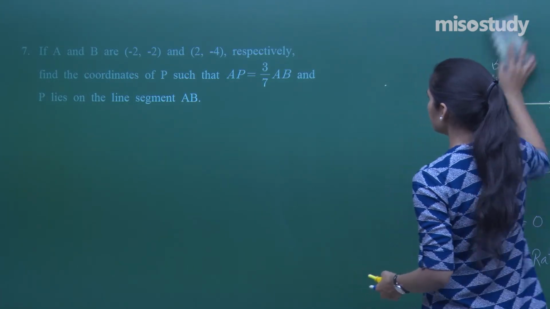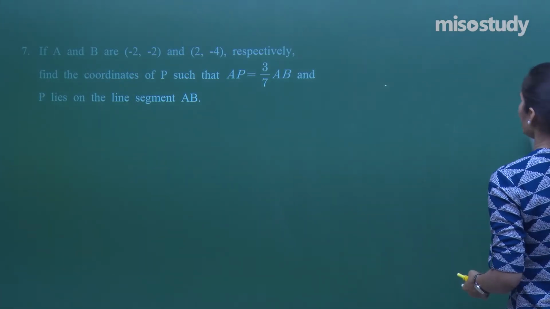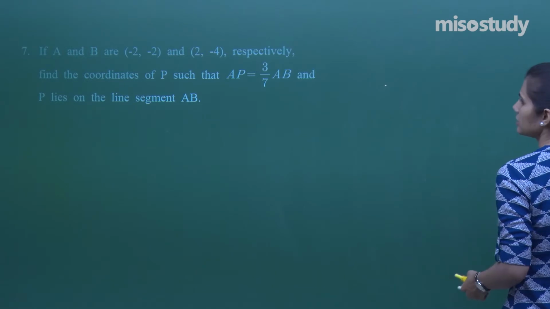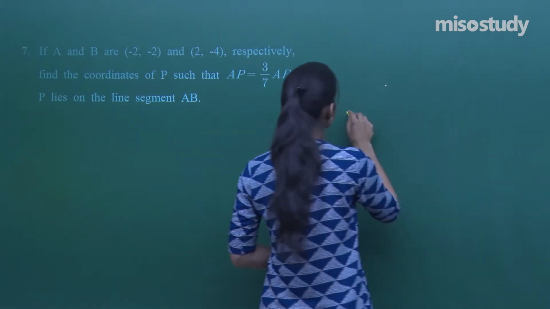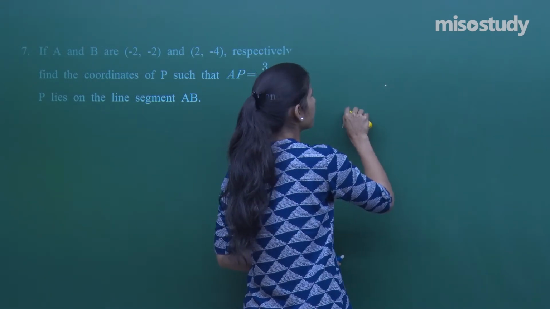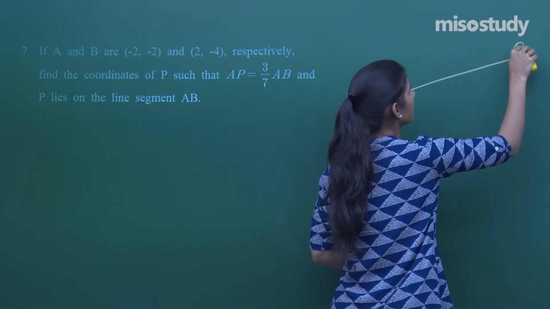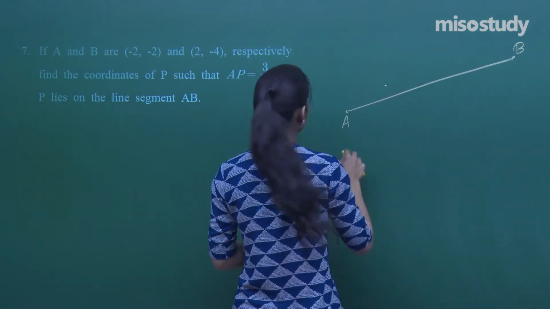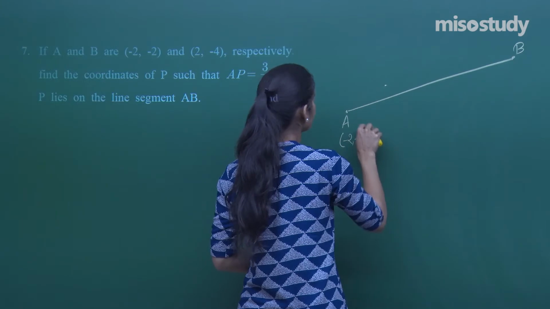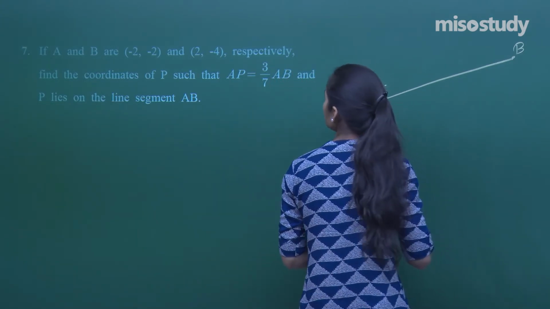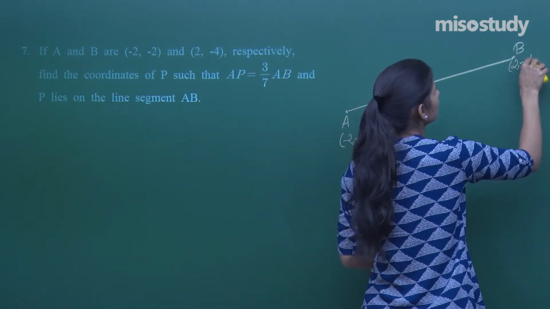If A and B are these 2 points, find the coordinates of P such that AP is 3 by 7 of AB and P is lying on the line segment AB. So there is this line segment AB. A is minus 2 comma minus 2, and B is 2 comma minus 4.